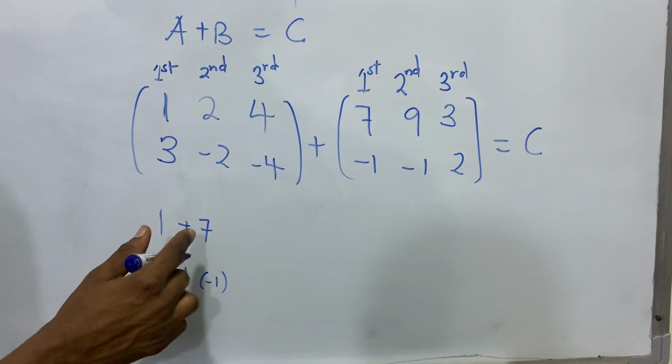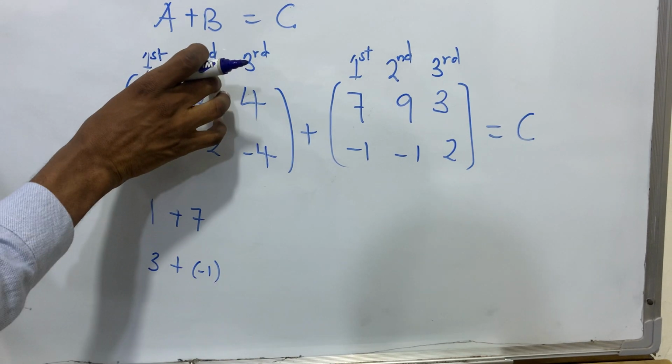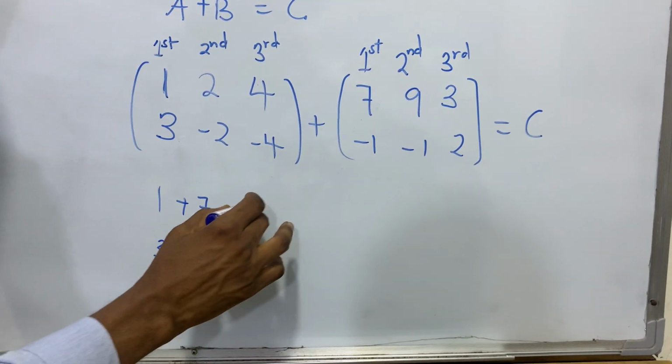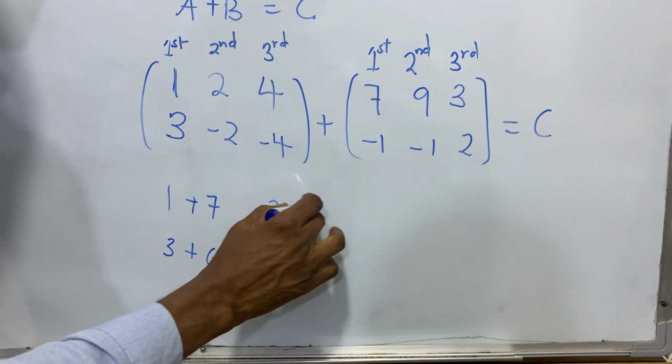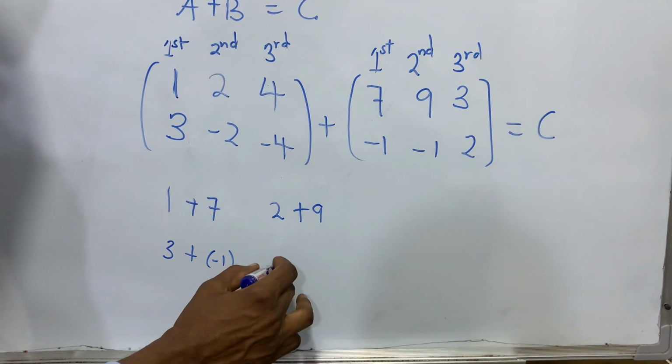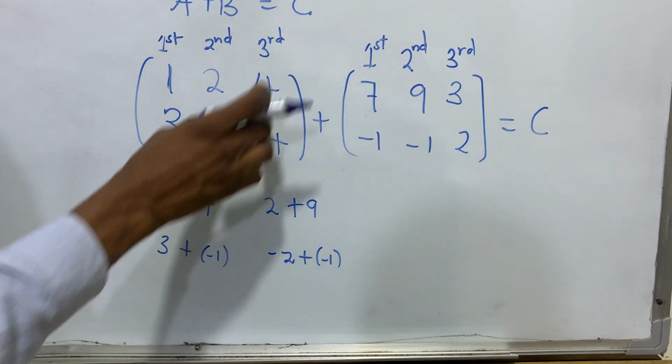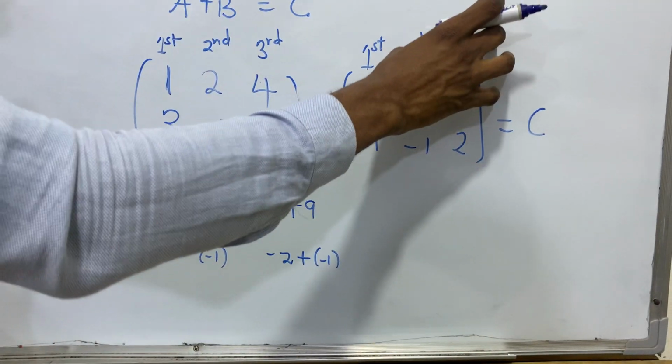Then you also pick the second row, add to the second row of this matrix. So you have 2 plus 9, negative 2 plus negative 1. Now you pick the third row, add to the third row.